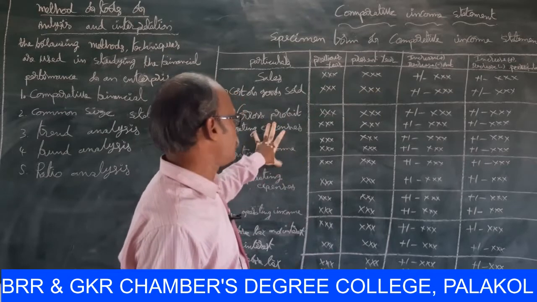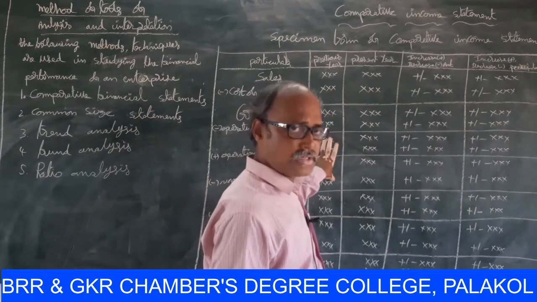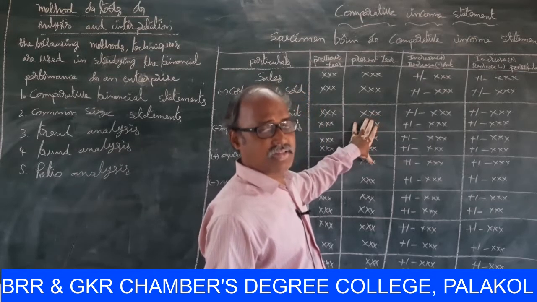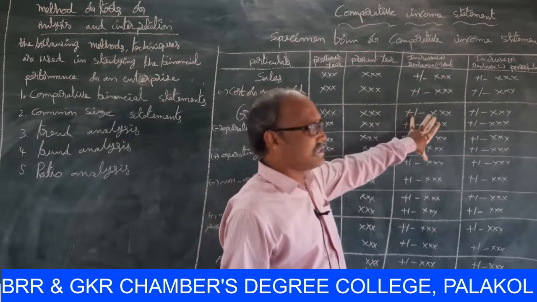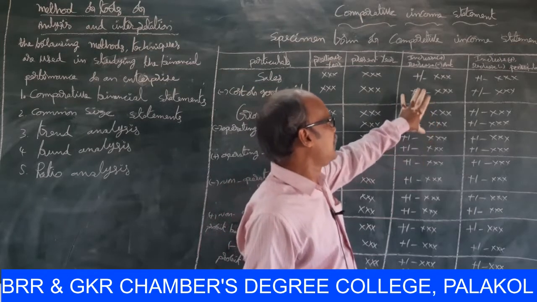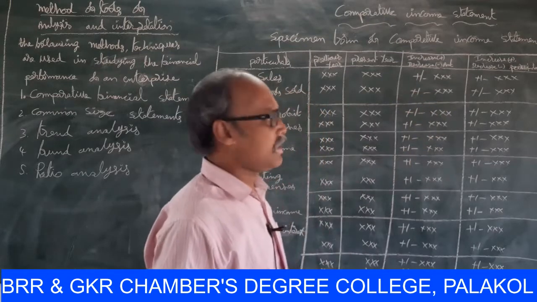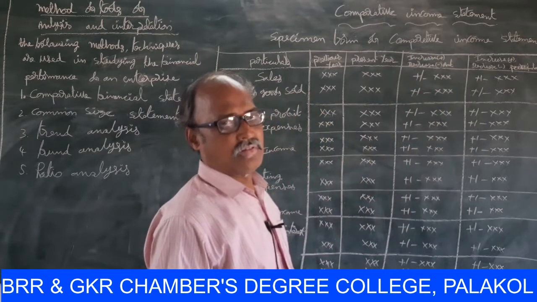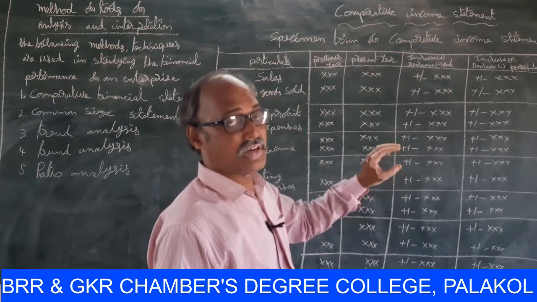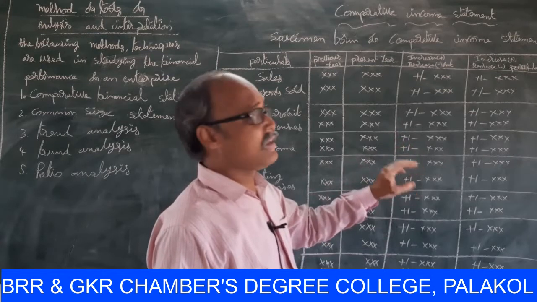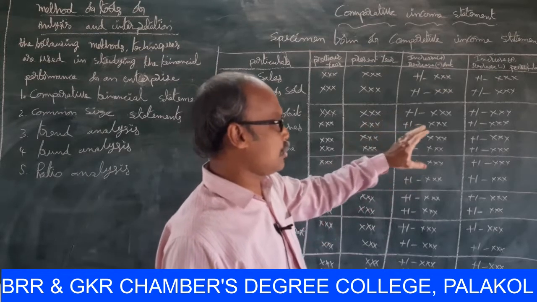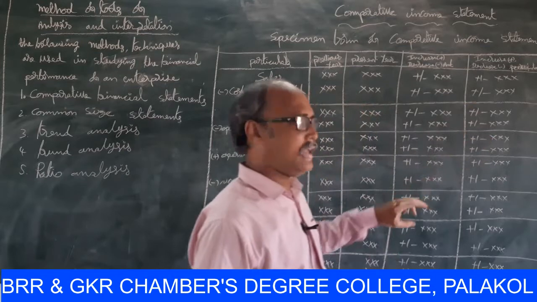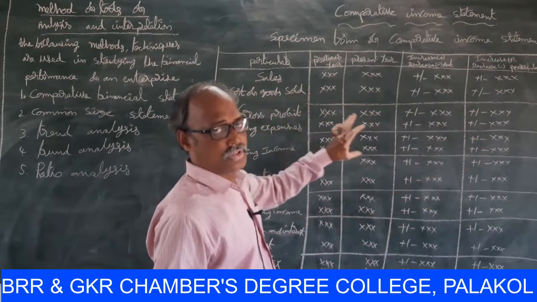One is particulars, then previous year data, then present year data, fourth column increase or decrease in the amount, and fifth, increase or decrease in the percentages. Percentage of change is equal to change of amount by previous year amount into 100.